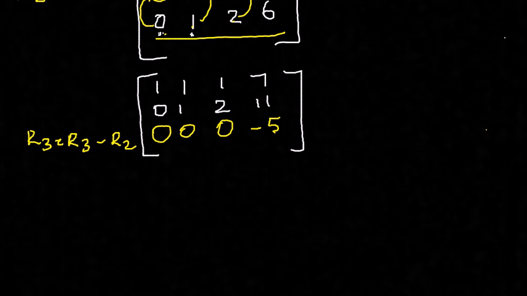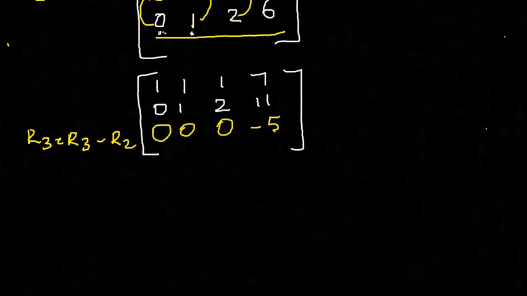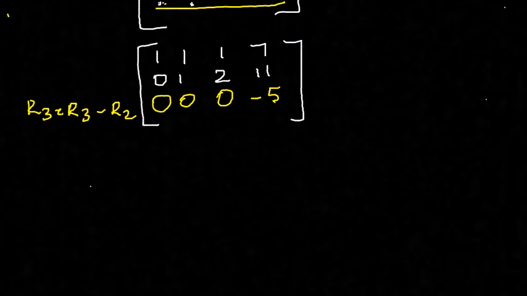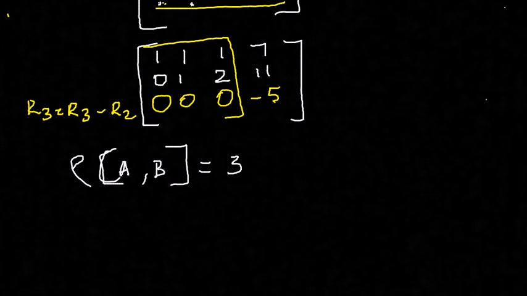So now what is the rank of the augmented matrix, A and B? How many non-zero rows do you have? 3. Now what is the rank of A matrix alone?